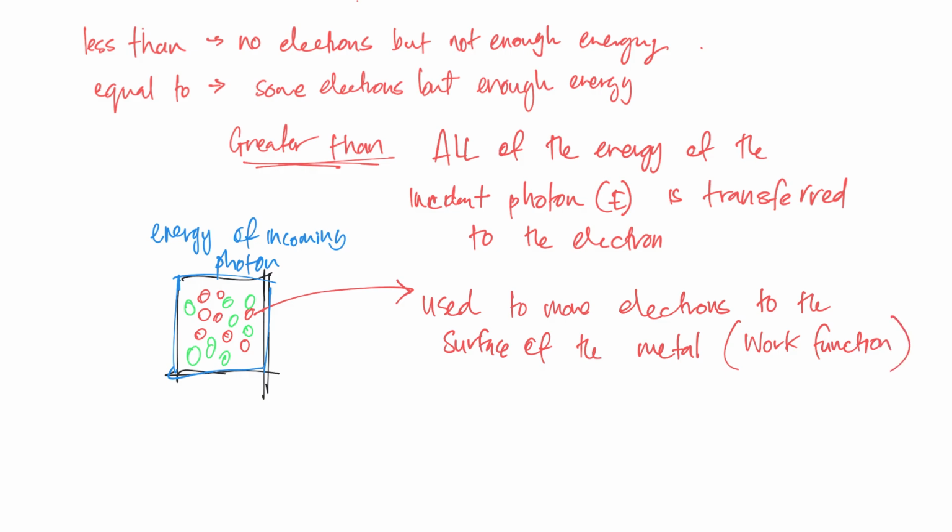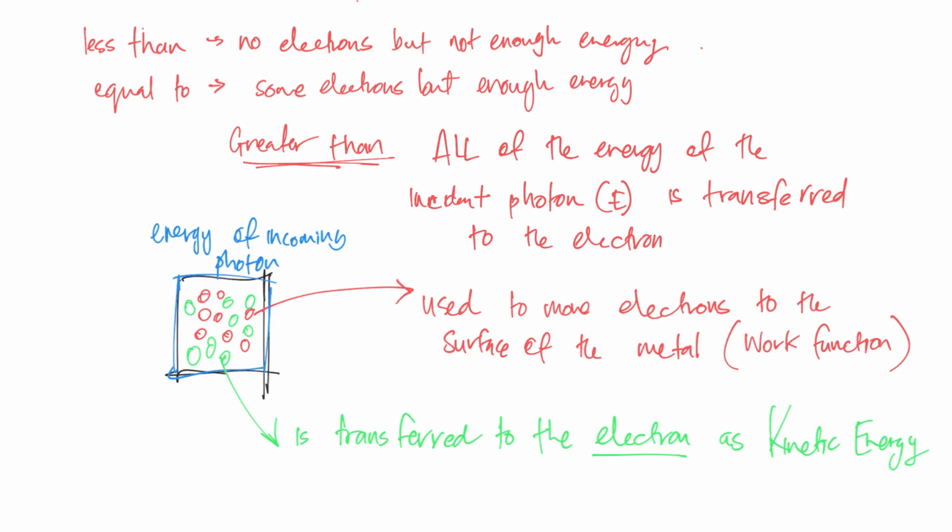The rest of the energy, let's say the green stuff, is transferred to the electron as kinetic energy. Alright, so that's the second thing that's happening.